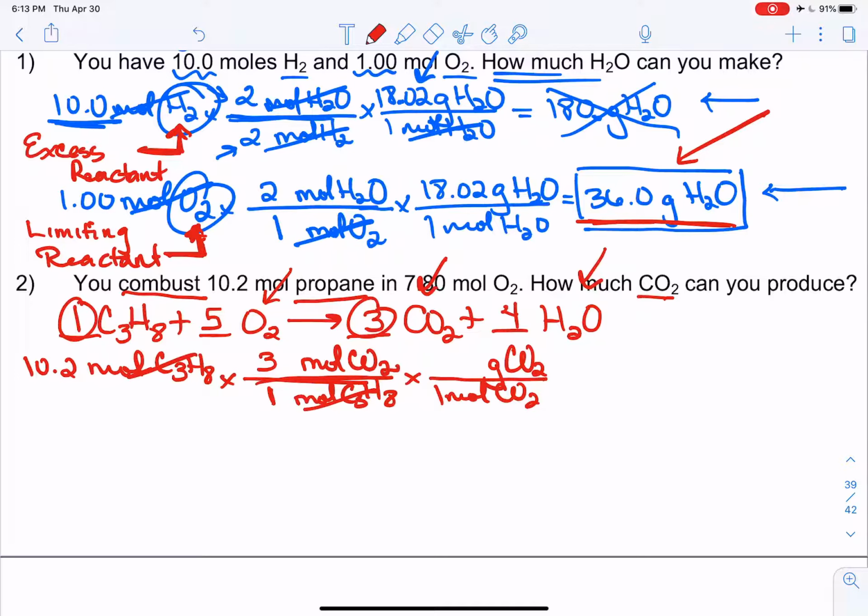And we figured this out beforehand in one of the other lectures, and we said that that is 44.00. So moles of CO2 cancel out there, and we get 10.2 times 3 times 44.00, and that's going to give us 1346.4 grams of carbon dioxide.